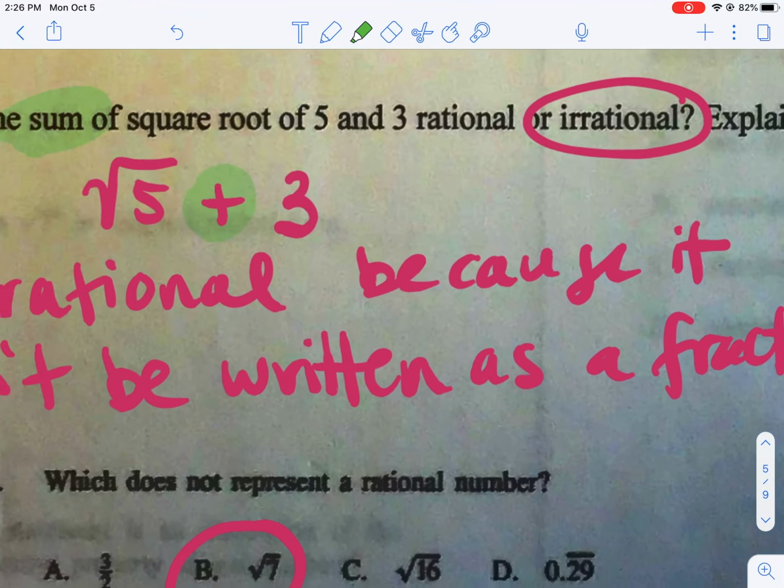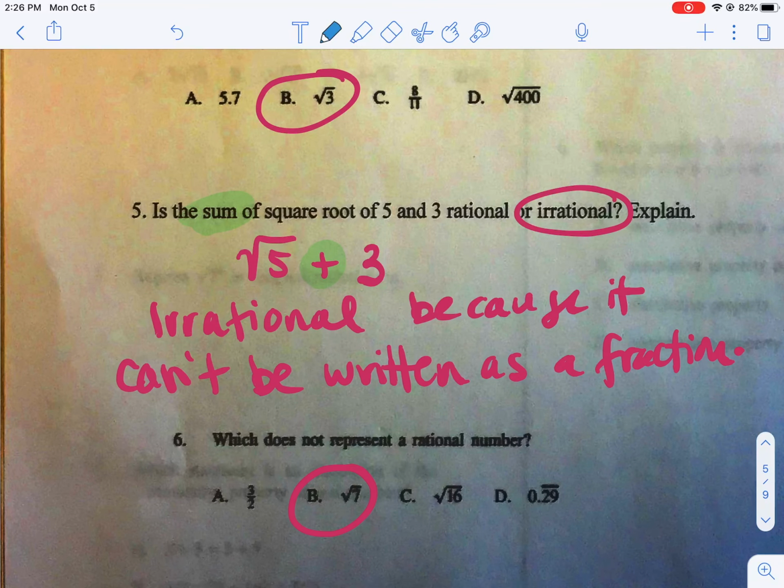So you can see what I put here for my explanation. Remember, when you see the word explains, it means to write a sentence. Okay, so if I do square root of 3 plus 5, it does not turn into a fraction. So my reason here is we have an irrational number because it cannot be written as a fraction.